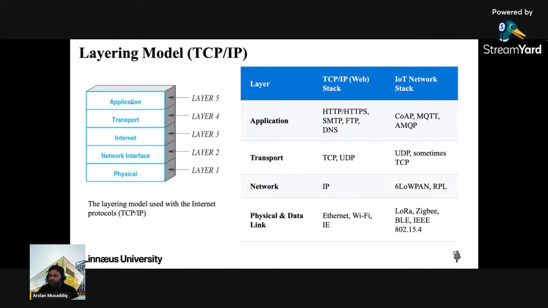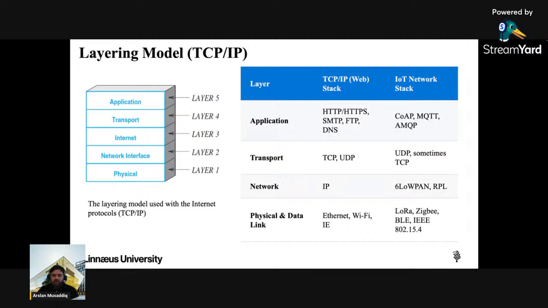For example, for the first layer, we have the application layer. Application is where user interaction and data processing occurs. In IoT, it includes protocols like HTTP, MQTT, or CoAP. How these protocols work, or what the rules and principles behind these protocols are, we are not going into that detail.